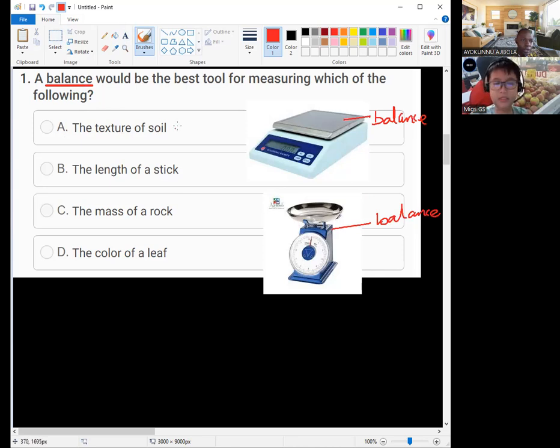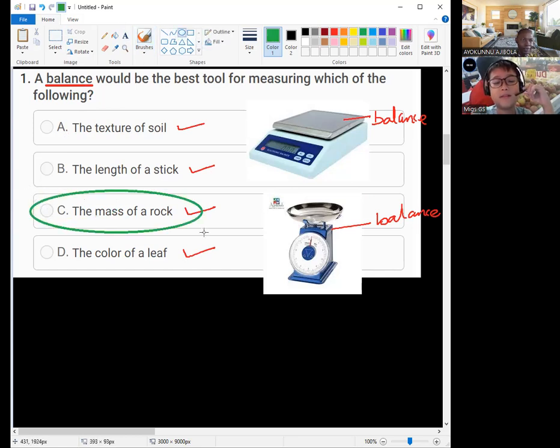Is it to determine the texture of soil, the length of a stick, the mass of a rock, or the color of a leaf? The mass of a rock. That is correct. So this is the correct answer, and all these others are not the answers. So now you know the answer to that first question.